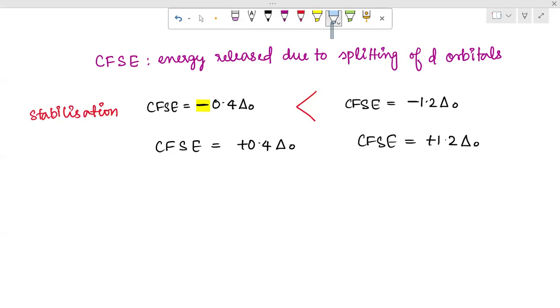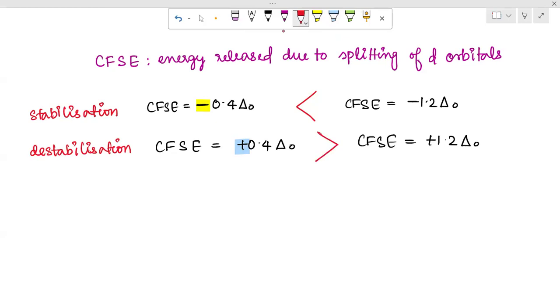Here you have plus. Plus stands for destabilization. Note it down if it is confusing. So here it is destabilized by 0.4. Here it is destabilized by 1.2. So this is more stable.